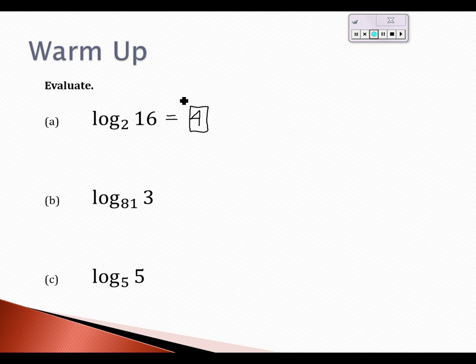Can't tell you. We're asking what 81 to what power gives you 3? You want to do the last one? I told you the second one's hard. What's the last? Yeah, go ahead. Tell me. 1. Yeah. Right? 5 raised to what power is 5?